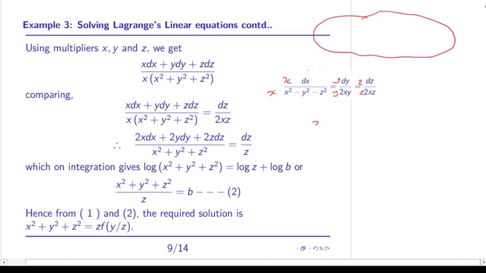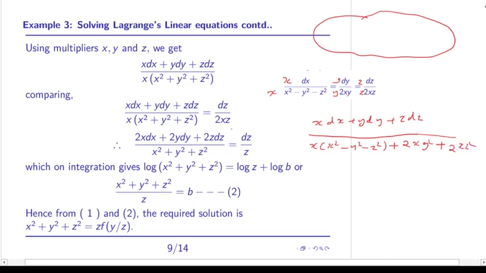Now you add this: x dx plus y dy plus z dz divided by x into x square minus y square minus z square plus 2xy square plus 2xz square.